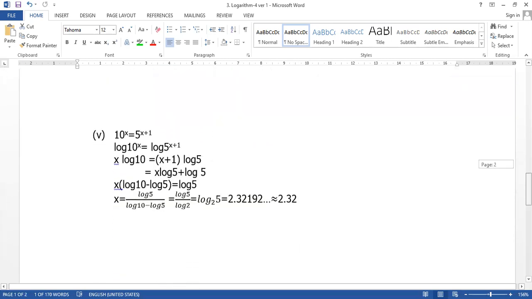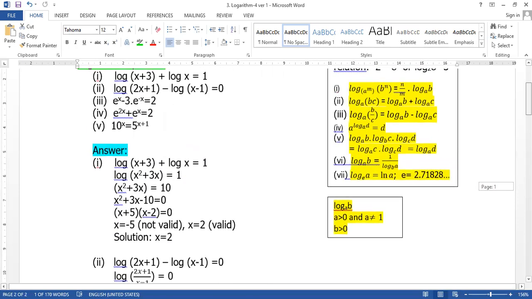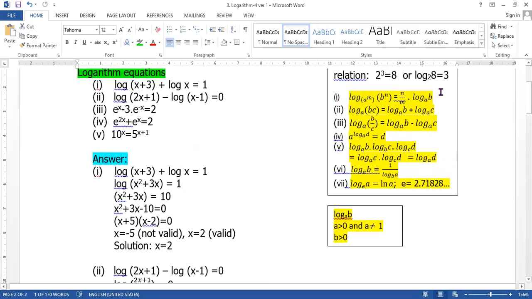Okay, the last. This is exponential. The trick is we just add logarithm in the left and in the right side, like this. And then we use this formula 1.